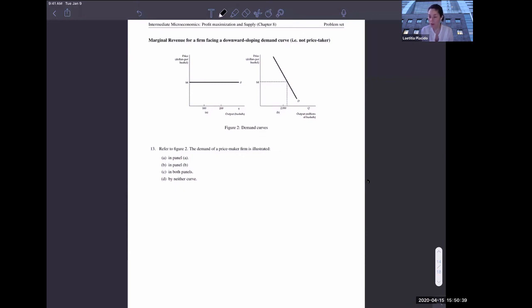Do you have questions? Are we moving on to chapter 9 next week? I believe so. Let me check what chapter 9 is. Syllabus. Right, so chapter 9 is perfect competition in a single market.